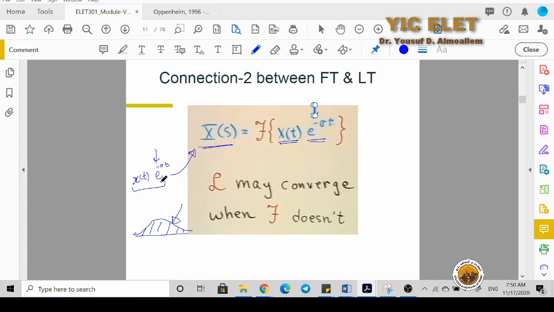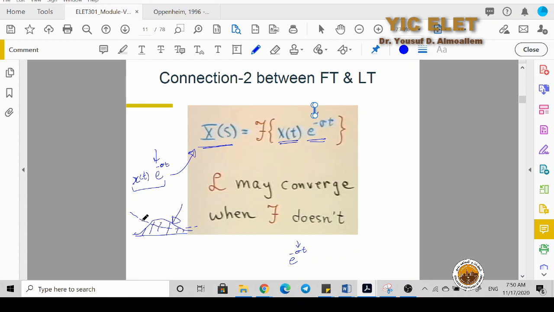So if we add this component, e raised to power minus sigma t, this component would add an effect from one side, as you will see here. If we get this as a positive number, this will be the plot for the exponential factor.